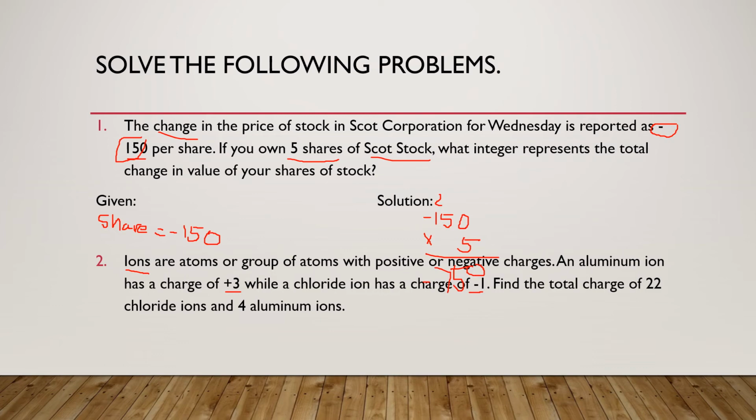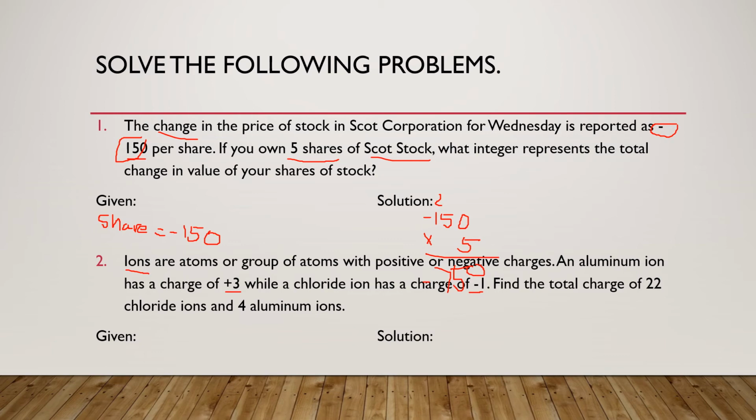So what are we going to do with that? Okay, so what is our given again? It says ions and atoms are grouped with positive or negative charge, no? The aluminum ion has 3 positive and the chloride ion 1 negative.